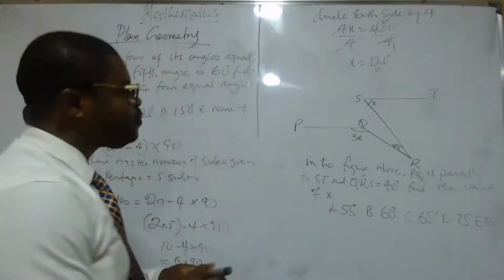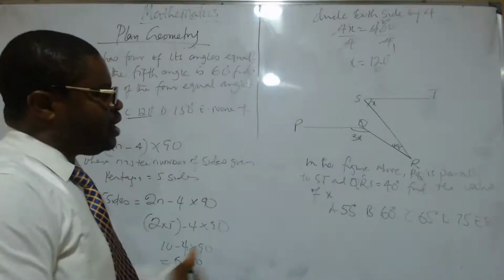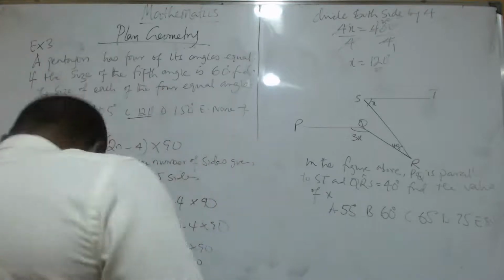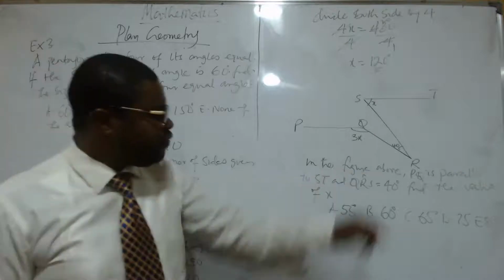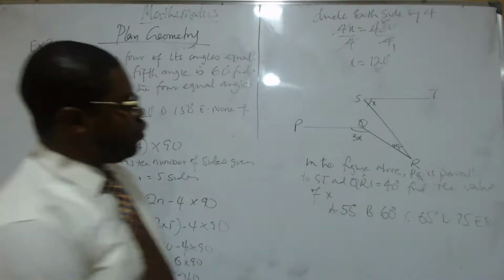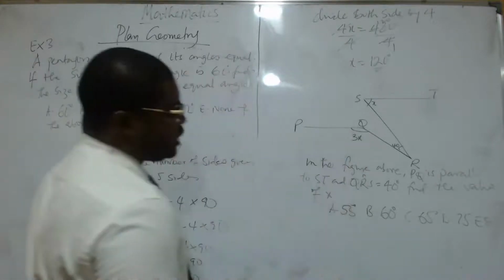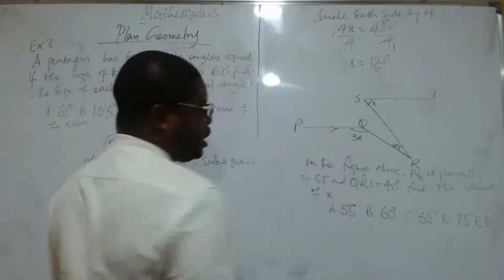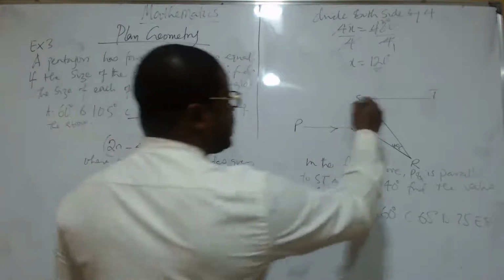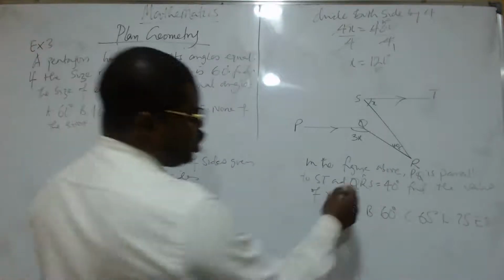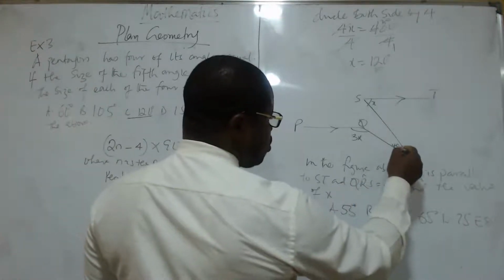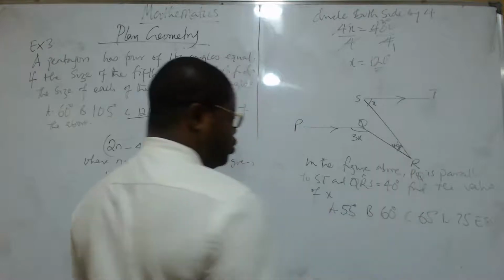Now look at this. The shape can be very, very funny, but very easy to solve. Now in the figure above, PQ is parallel to ST, and angle QRS, that's angle R, is 40 degree.